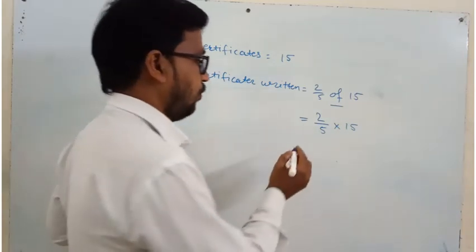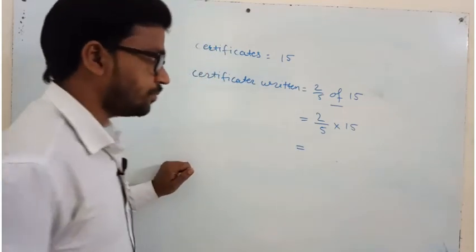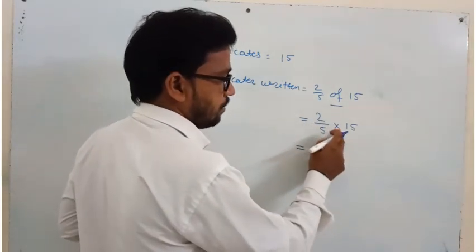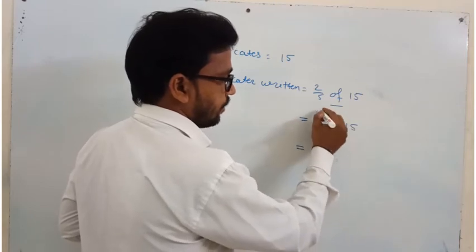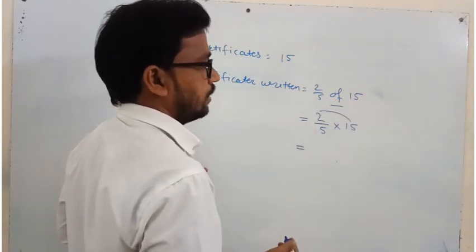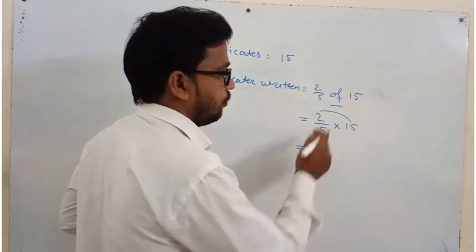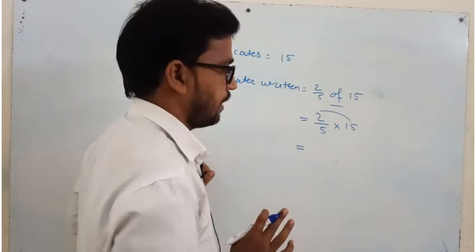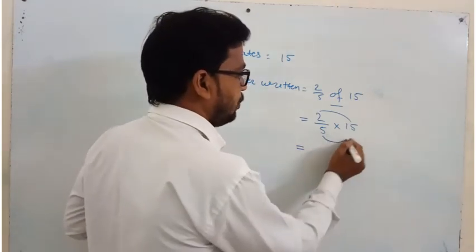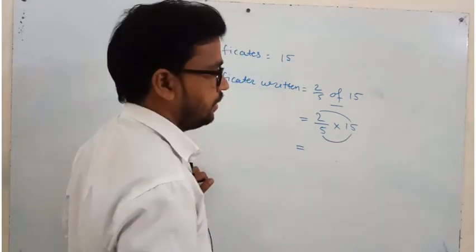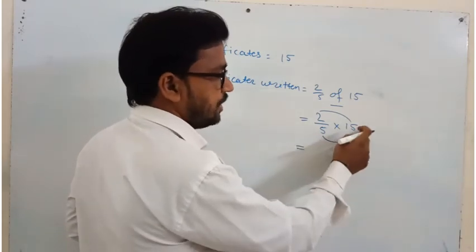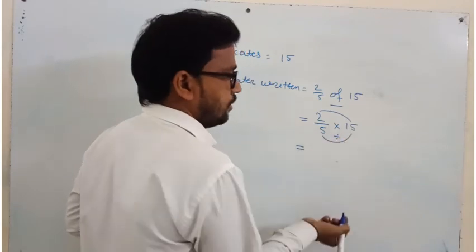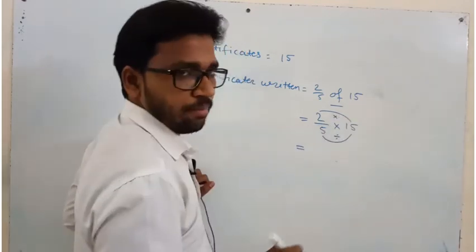Now what to do? Here we have this 2, this multiplication and 15. If we consider the numerator and this number, we multiply them with each other. And if we consider the denominator and this number, then we divide the bigger number by this number. Here the operation is divide and here the operation is multiply.